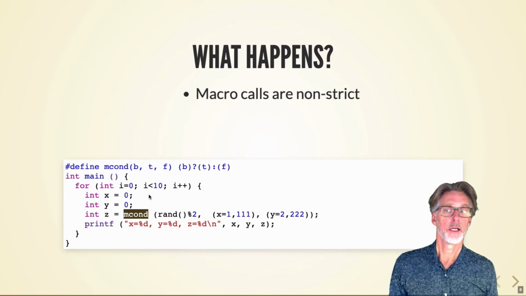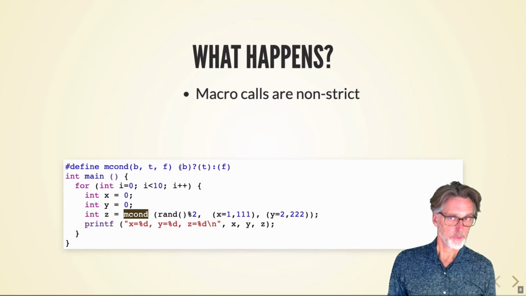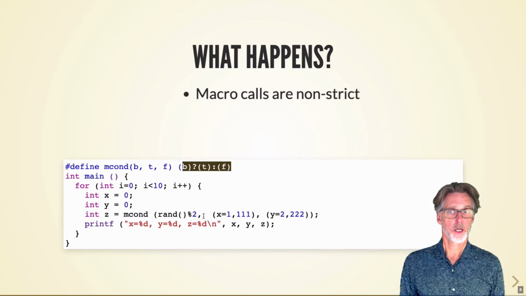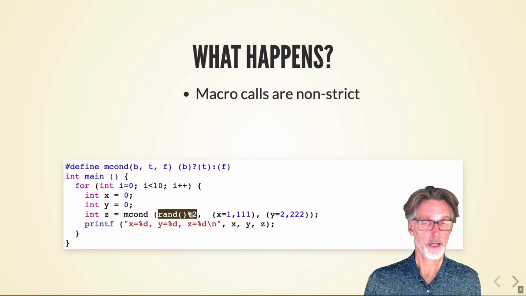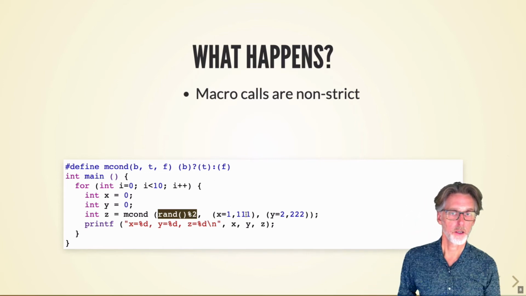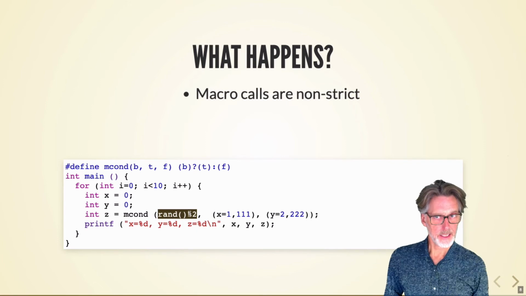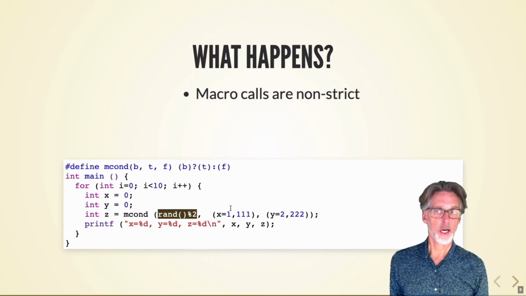So in this case, by putting this in here, it's exactly the same as if I had typed in the ternary operator directly. So in this case, we will conditionally determine by our coin flip whether we're going to return 111 or 222. But because we have the ternary operator here, we're only going to execute one or the other, not both.